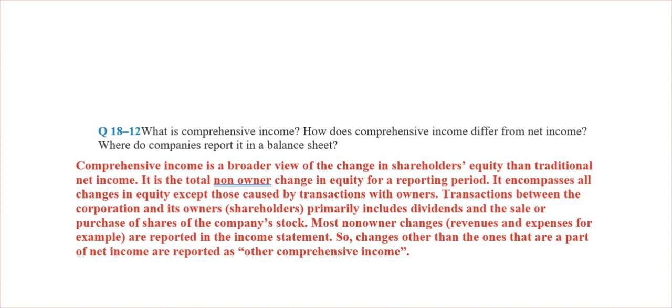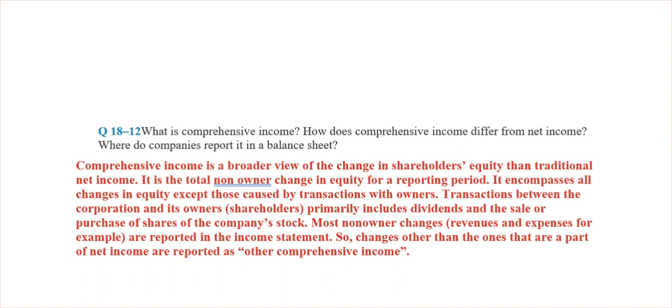Most non-owner changes, revenues and expenses, for example, are reported in the income statement. Also, gains and losses. So changes other than the ones that are a part of net income are reported in OCI.